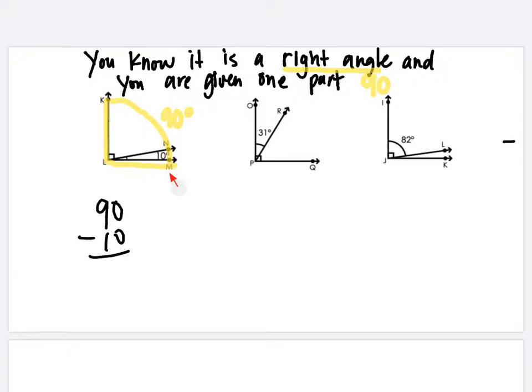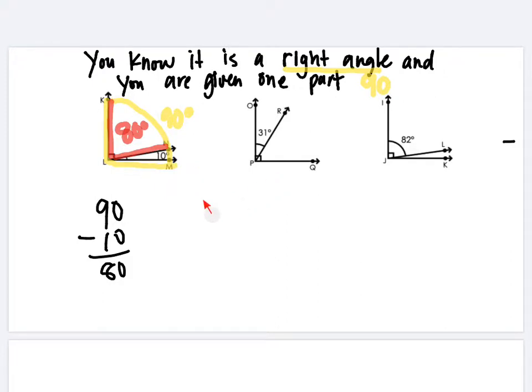So 90 minus 10 would be 80 degrees. So angle KLN would be 80 degrees. 10 plus 80 is 90. So this would complete that angle. Let's look at this next one.